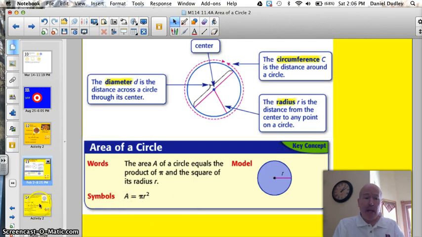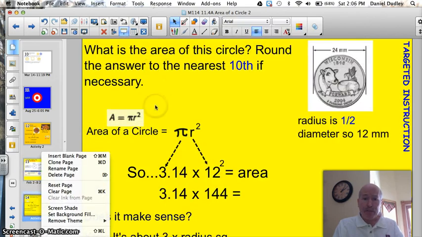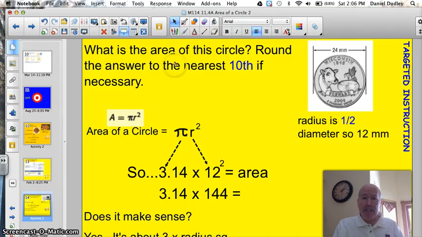So let's go ahead and try some examples. On our first example, we need to find out what the area of this circle is, this coin. And we're going to round it to the nearest tenth if necessary. I'm going to keep coming back to that, rounding to the nearest tenth or hundredth if necessary, because a lot of the questions will have you rounding. All right, so we know that the diameter is 24 millimeters.